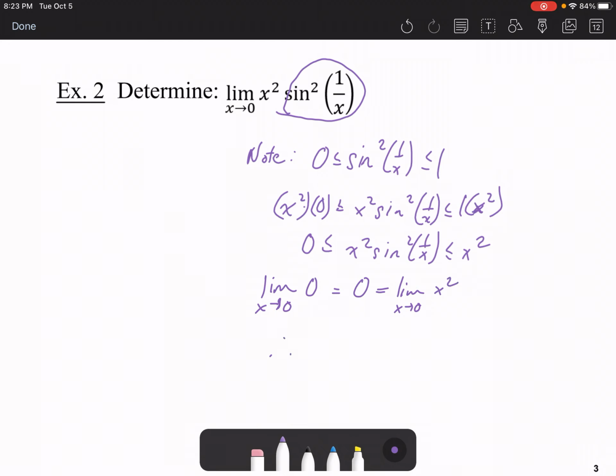So that means, therefore, the limit as x approaches 0 of x squared times sine squared of 1 over x is also equal to 0, again by the squeeze theorem. Okay, so let's move on.